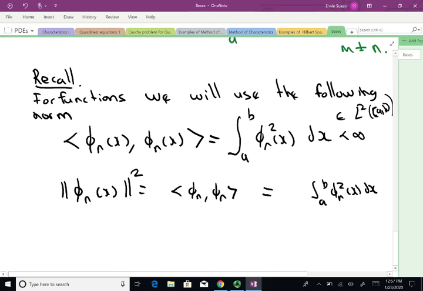So these functions will be L square, or square integrable, if this is less than infinity, and that's kind of what we want. We want functions that are square integrable. Why? Because the square integrable functions form a Hilbert space. So as we said before, this set L2 is going to be the new Rn.